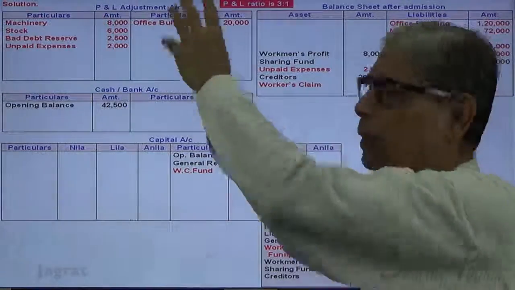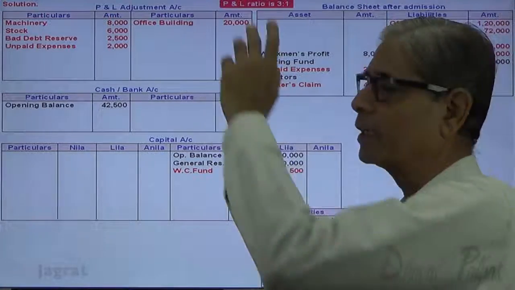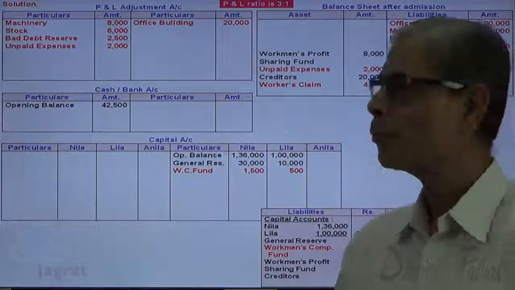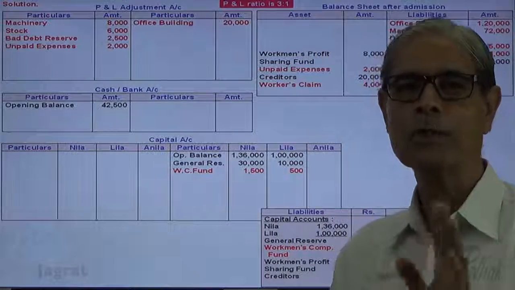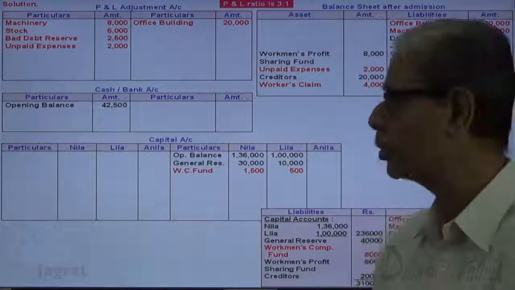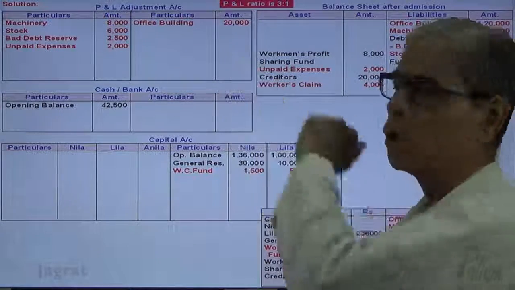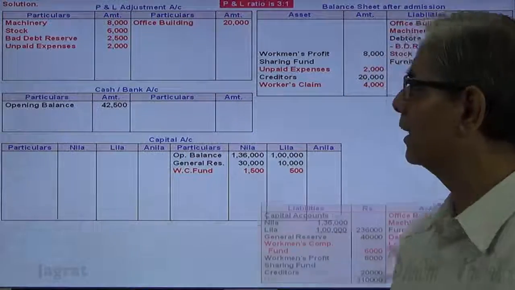Now I want to close this profit and loss adjustment account. If the total of credit is more than total of debit, it's a gain distributed in the ratio of 3:1 between partners. If the total of debit is more than credit, it's a loss that will also be distributed amongst partners in the profit sharing ratio, but it will be debited to their capital accounts. So here total of the credit side is 20,000, while here the total is 18,500.